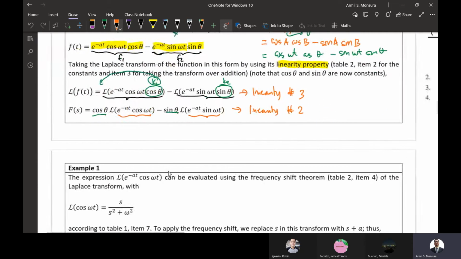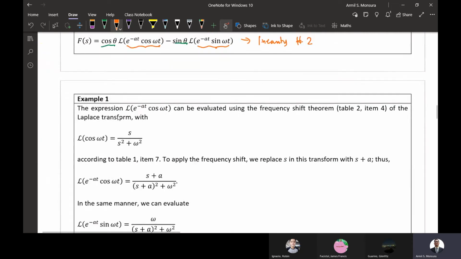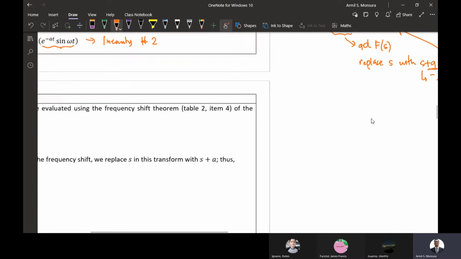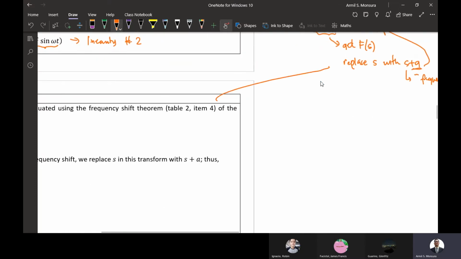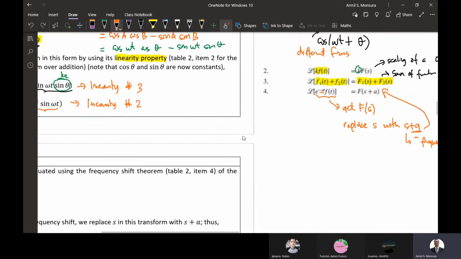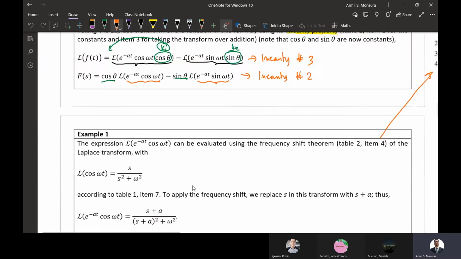That's property number 4. So, we can evaluate the Laplace transform of e raised to negative at cosine omega t, using the frequency shift theorem of table 2, item number 4. Ito yung tinuturo ko. Ay, mali. Yun pala. Okay. So, anong gagawin natin dito?